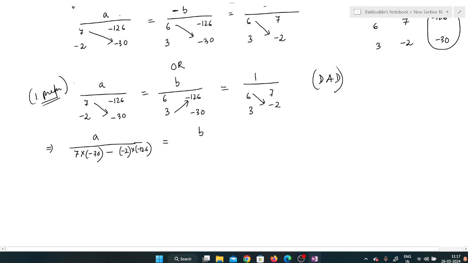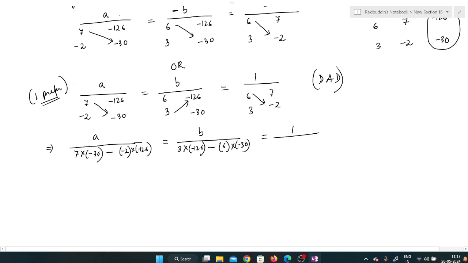This negative sign is mandatory for each. For B it will be 3 multiplied by minus 126, then 6 into minus 30. There will be a negative sign from the formula. Again, please don't forget to put this negative sign here, otherwise your entire effort will be wasted.